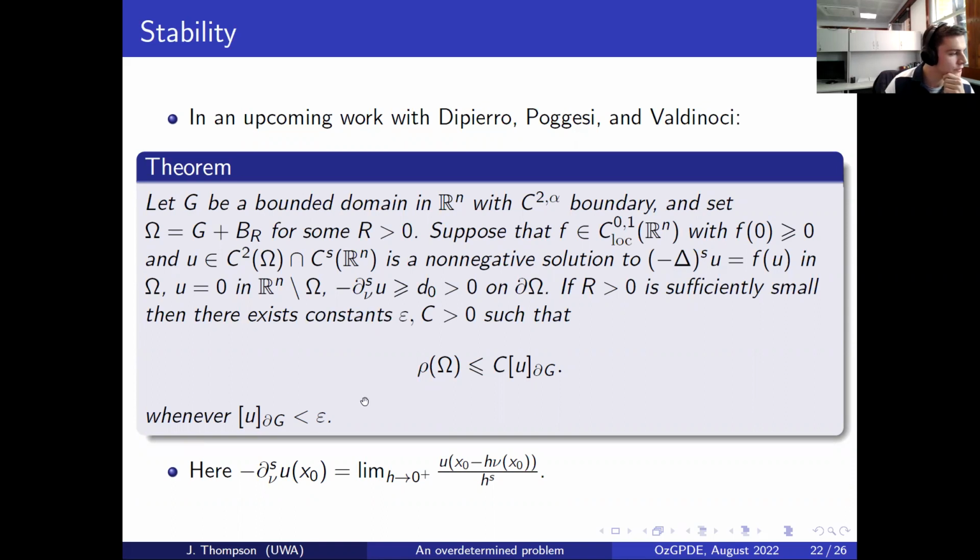Some things to note is that I have this weird S Neumann derivative, and this is because, as I mentioned before, solutions to fractional problems are only in general Holder continuous up to the boundary. So it no longer makes sense to define the Neumann derivative on the boundary. So instead, we have to consider this S Neumann derivative at the boundary.